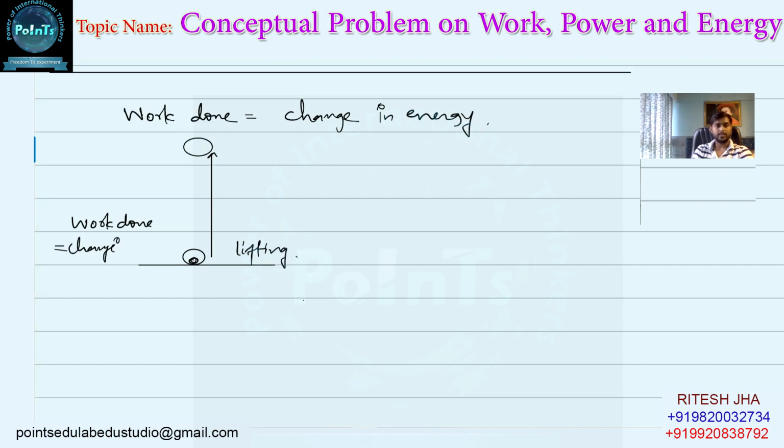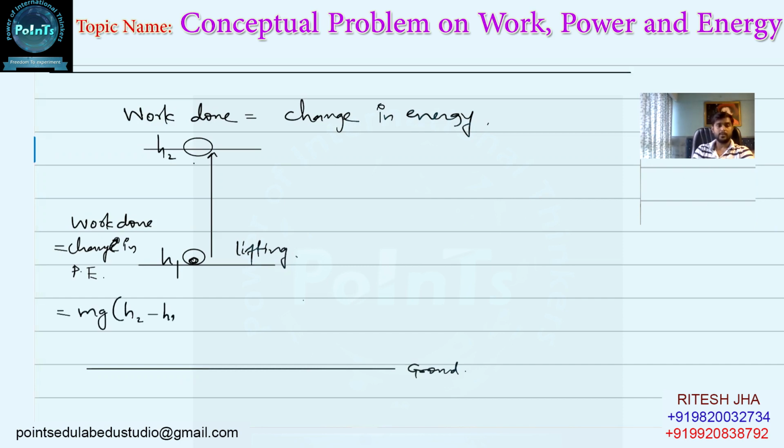Say this is ground level, and from the ground this is at height h1 and this is at height h2. So the work done is basically mg(h2 minus h1), that is mg delta h. This is the first situation.